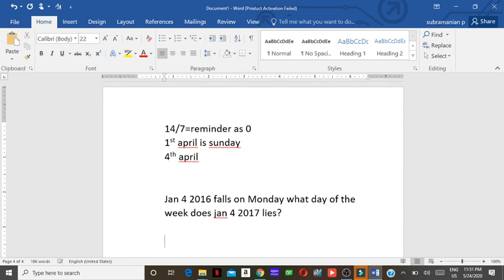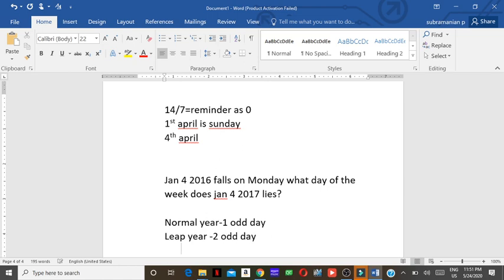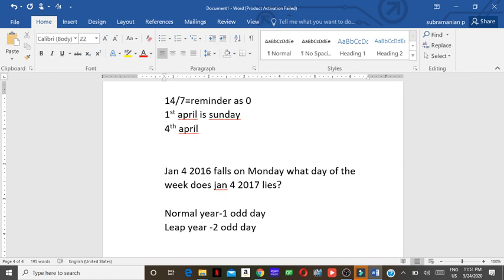This is very simple. A normal or ordinary year contains one odd day, and a leap year contains 2 odd days. Already said this: 2016 is a leap year, because if the last 2 digits are divisible by 4, it's a leap year.